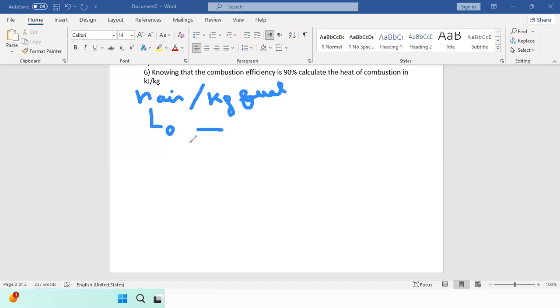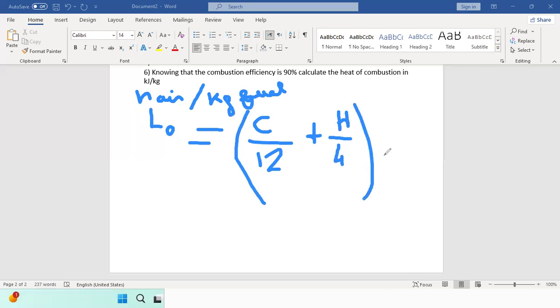So by doing just C over 12 plus H over 4, this is the number of kilomole of O2, and we divide it by 0.21.